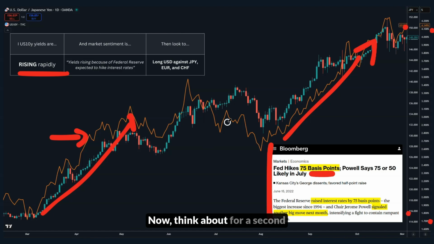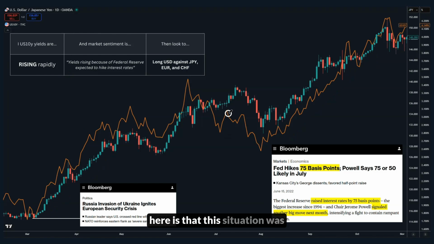Now, think for a second about what happens to a trader that ignores this context completely. They don't understand why the dollar against the Japanese yen is moving higher so rapidly. See, one important detail here is that this situation was created by a very peculiar event. Russia invades Ukraine.